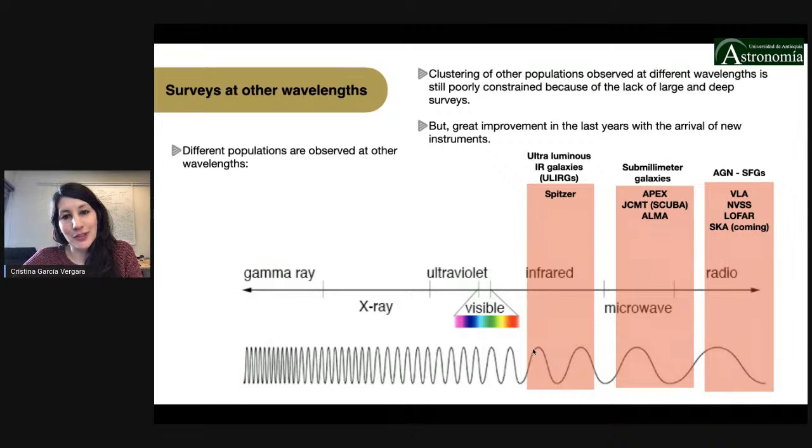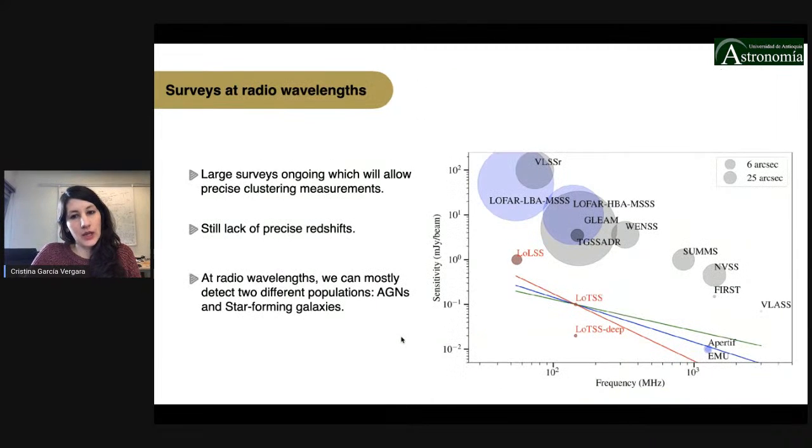I'm not going to talk about infrared here or X-ray or other parts of the electromagnetic spectrum. Okay, so I'm going to start with radio wavelengths, just because we have more availability of surveys right now at radio wavelengths.